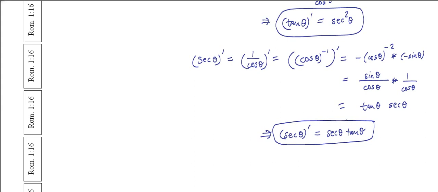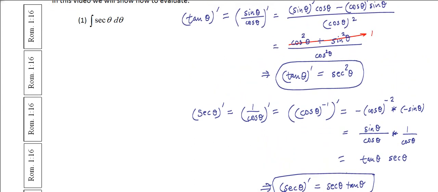Now, having done that, when you come to figure out how to integrate secant of theta d theta, the trick is, you might not see this right away, but if you were to rewrite this as secant of theta times, now I'm going to do a little trick, secant of theta plus tangent of theta divided by secant of theta plus tangent of theta, d theta.